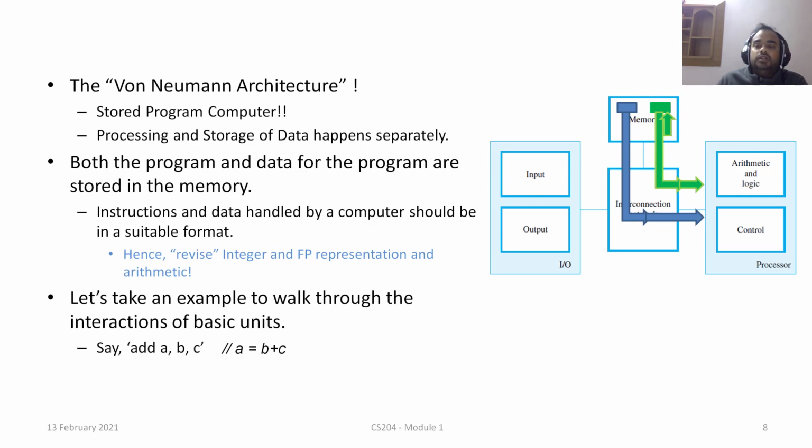So that's how these basic units would interact. Now, when we want to see the same result on the output device, the control unit again signals the memory to send a copy of the same data to the output terminal or any output device, and that's what would be displayed.